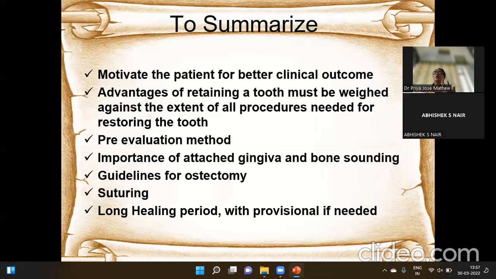Many of us may know about coronal corrections of clinical crown lengthening, but the surgical crown lengthening option we have to know. We have to give this option to the patient. There are patients who tell us that they want to retain their tooth, not extract it. So definitely, if there is no other pathological reason, we can go for this option. Okay, so that is about crown lengthening, and that too specifically about surgical crown lengthening.